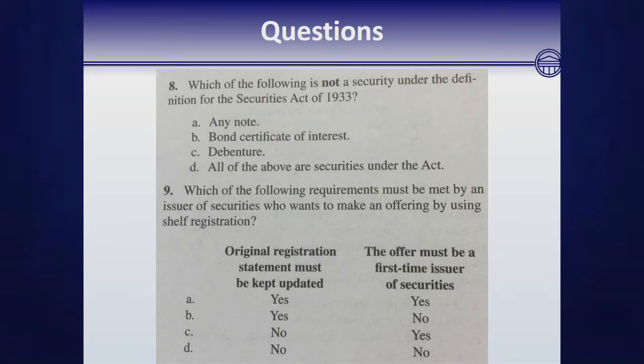And how about this? The offer must be a first-time issuer of securities, and there's no such requirement. And so your answer to this question is B. So yes to the original registration statement having to be updated, and no, you don't have to be a first-time issuer of securities.